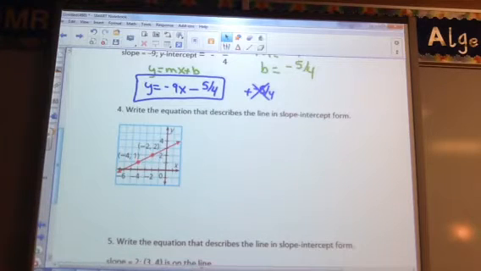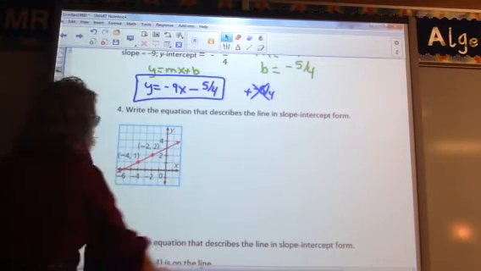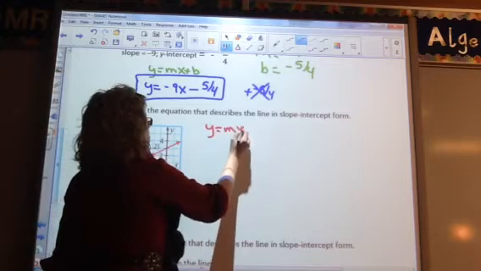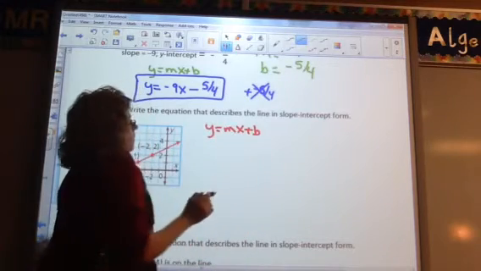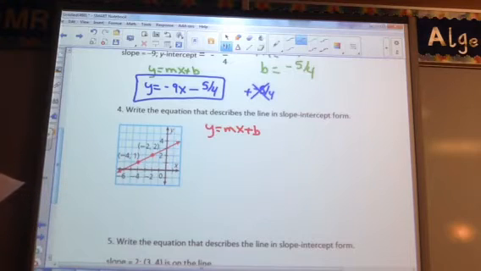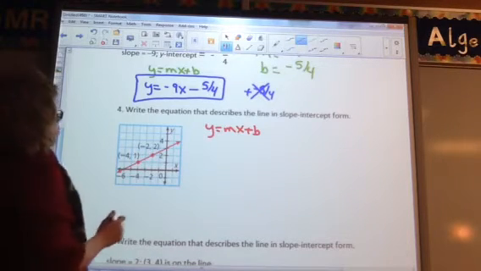Okay, now we're given a graph, and we need to write the equation in slope-intercept form. Well, for slope-intercept form, we need a point and we need the y-intercept. Okay, so let's see.